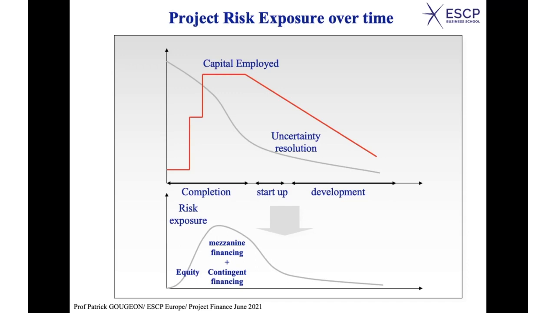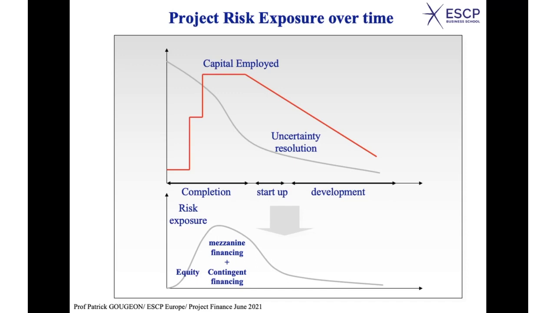So this mezzanine financing is actually a transitory type of financing, okay? Because once you have gone through this risky phase, when you have completed the project and the startup phase, then you enter into the operating phase, which is highly secure because we know most about the project. We know that most of the risks are out now. Everything is well under control.